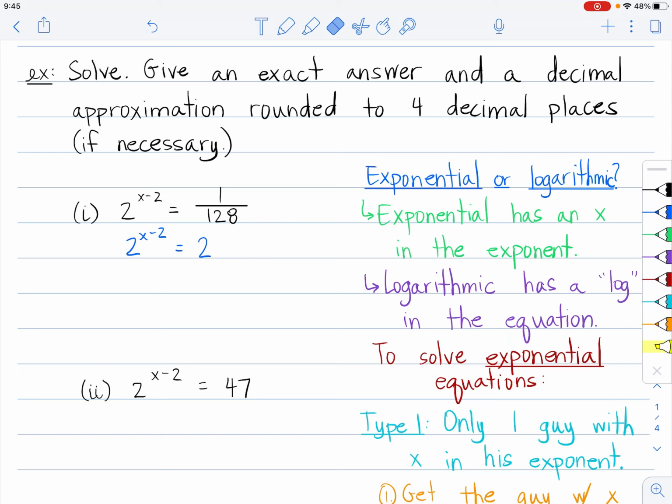And once I've written both sides in the same base, then I equate the exponents. So x minus 2 equals negative 7. And finish solving for x, plus 2 to get that x equals negative 5. Solution set, negative 5. And we are all done here.